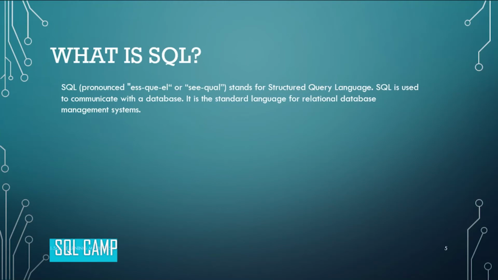Alright, so the next thing that we will go over is what is SQL. Some people call it S-Q-L, some people call it sequel. I'll actually call it SQL for some reasons. It stands for Structured Query Language, and SQL is used to communicate with the database. So it's a kind of coding language that you will need to learn in order to communicate with those tables that I showed you earlier, like the customer table.